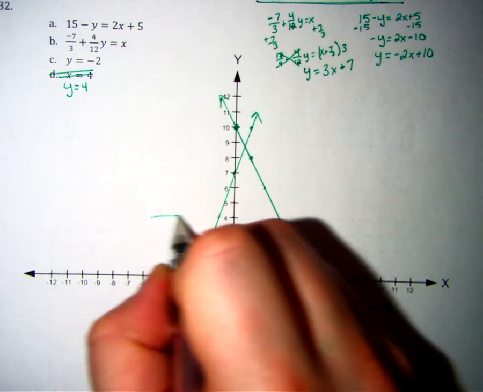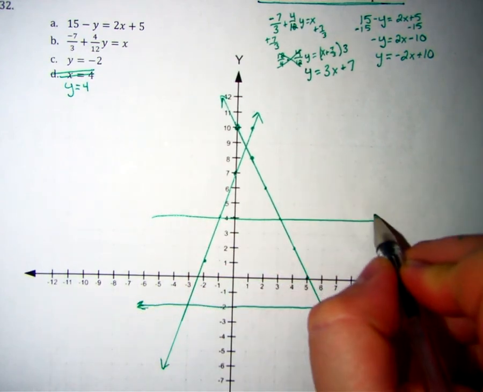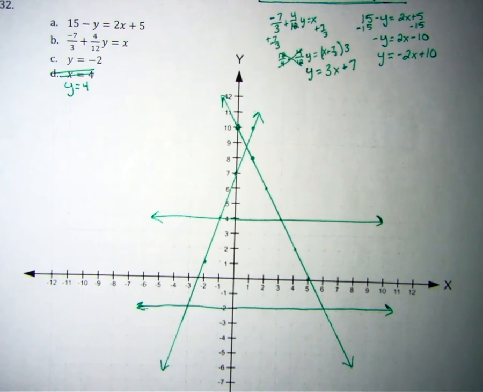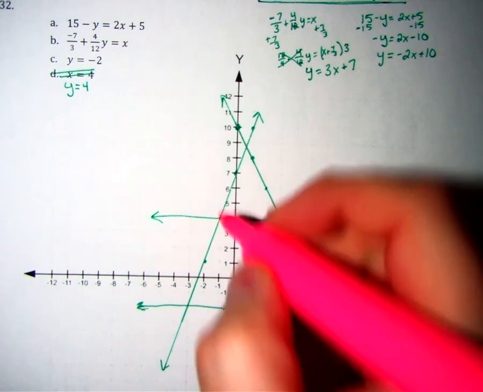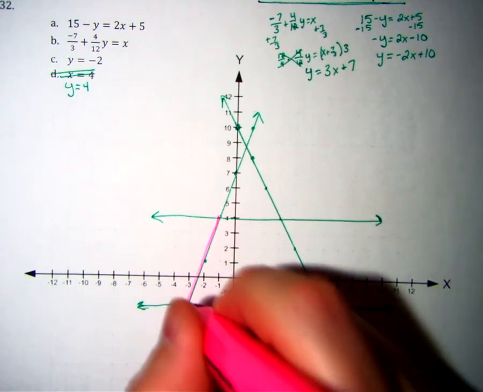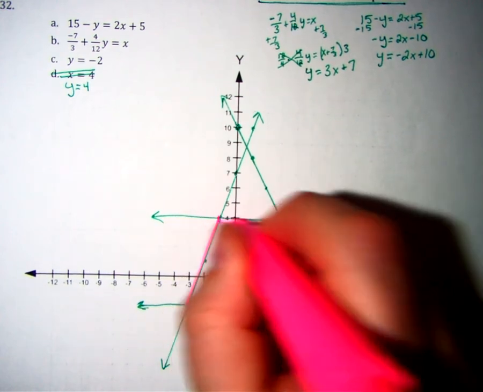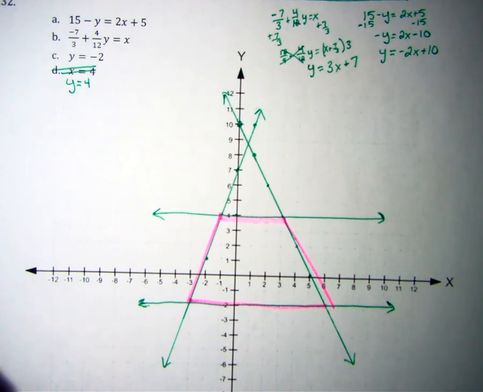If I graph a line at y equals 4, that's going to come right through here. And our original problem asked for us to find the area of the trapezoid. Well, there's our trapezoid.